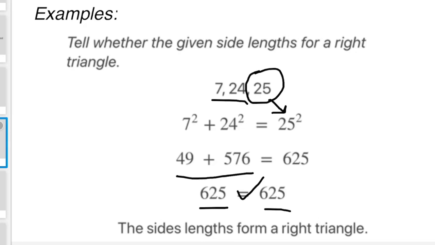So because it's true, it fits the Pythagorean theorem. The Pythagorean theorem proves that this is a right triangle. The side lengths form a right triangle. So these three numbers would be called a Pythagorean triple because these three numbers make a right triangle. Let's go ahead and pause the video and copy this example into our notes.